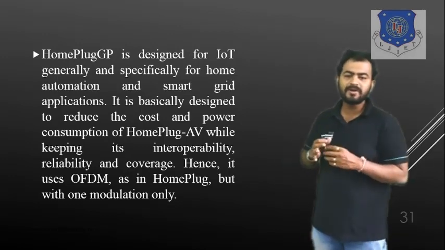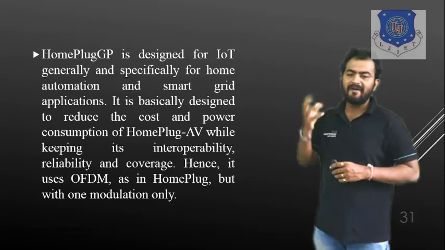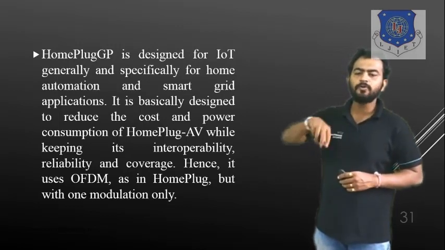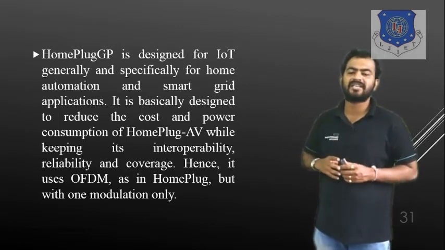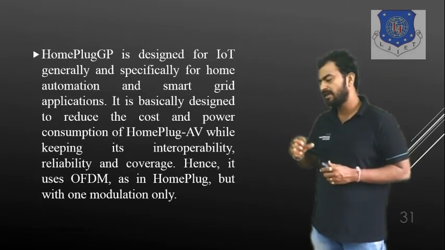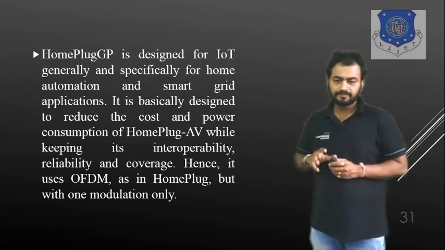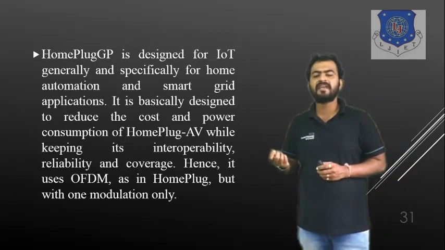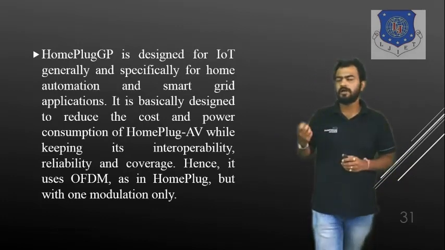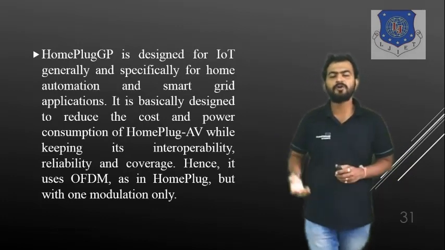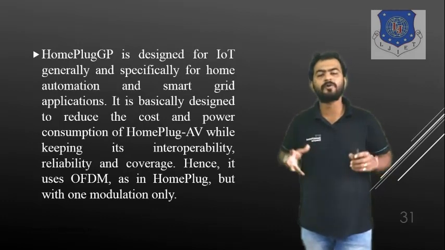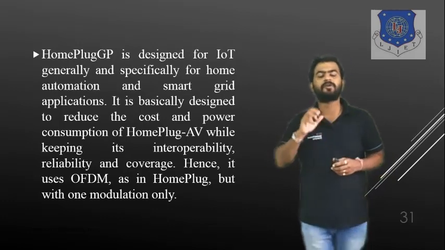So we have to deal with power consumption and try to reduce the cost as much as possible compared to HomePlug AV. Hence it uses OFDM as in HomePlug AV, but with one modulation only. So it's not working with the whole set of modulation techniques, but with one particular modulation technique.